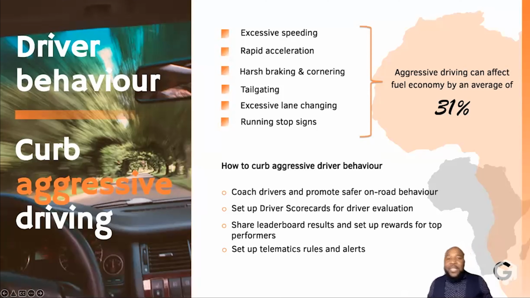Driver behavior, that's the first thing that comes to my mind. Now, driver behavior is one way of keeping unnecessary fuel consumption at a minimum. When you're talking about driver behavior, like I said, it's aggressive driving. For example, things like excessive speeding, rapid acceleration, or harsh braking and cornering, just to name a few.